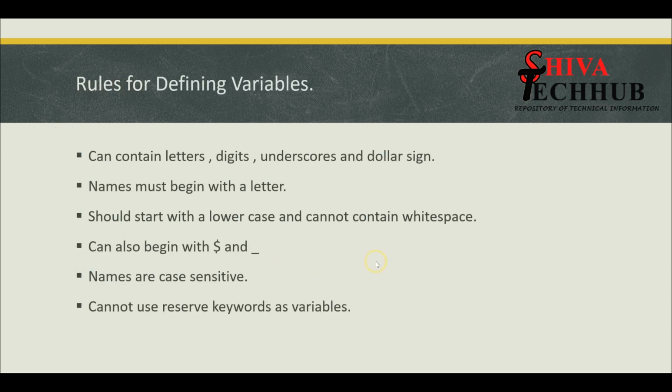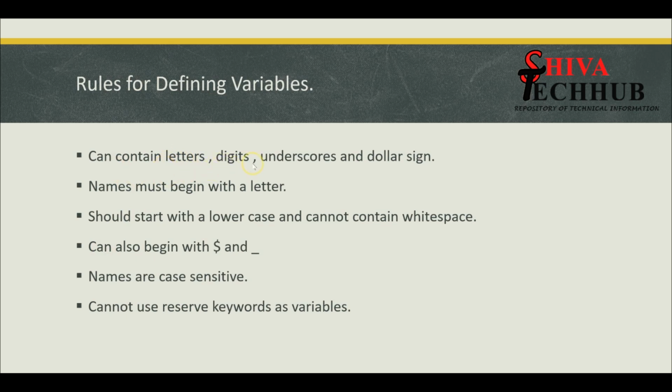First let us try to understand what are the various rules for defining a variable. You can always define a variable as you like, but Java specifies some naming conventions that need to be followed. So what is the first rule for defining a variable? It can contain letters or alphabets.